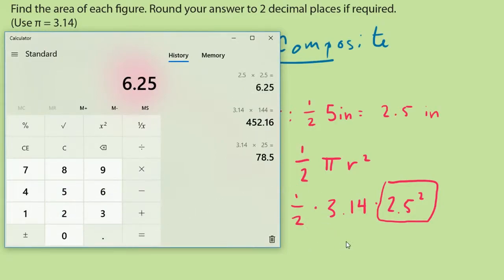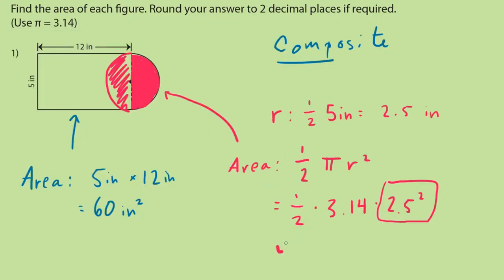Okay, so let's calculate the area of this semicircle. The area of the whole circle would be pi times r squared, right? But we're not calculating the area of a full circle. It's actually just half of a circle, so we are going to cut that in half.